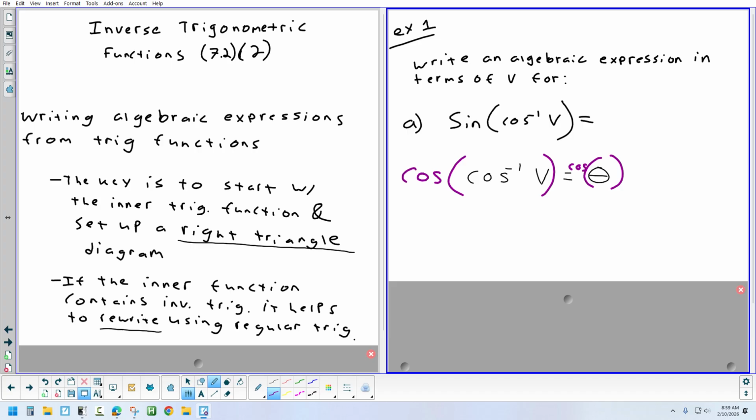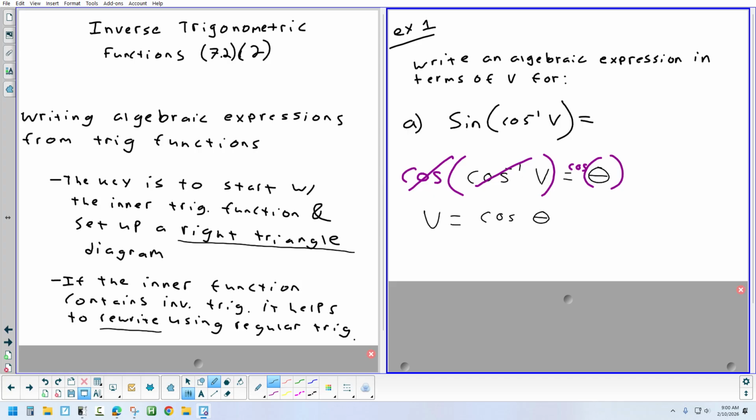Now, cosine and inverse cosine cancel each other out, and I get v equals cosine theta. This step might not make sense right away, but I want to make the left side a fraction, and you're going to see why in a minute.